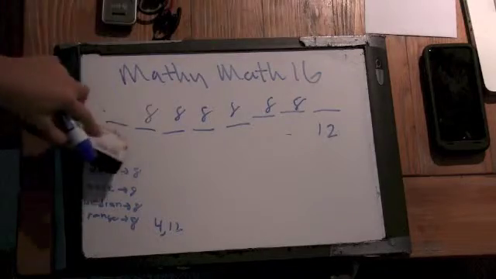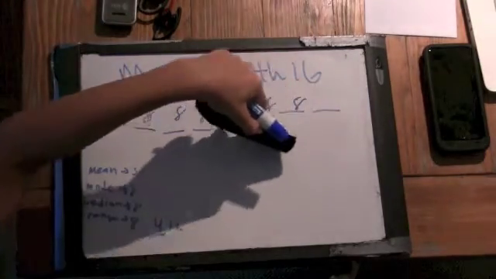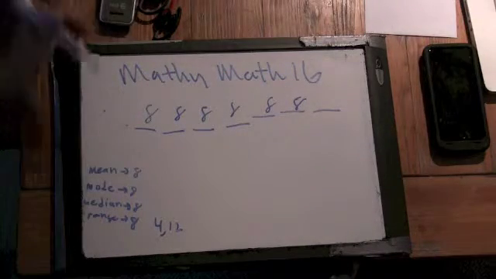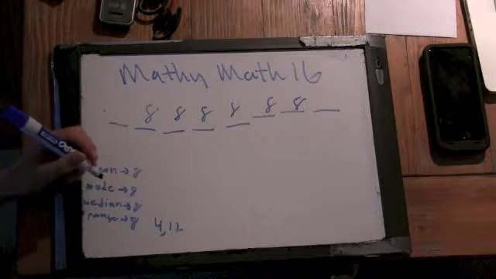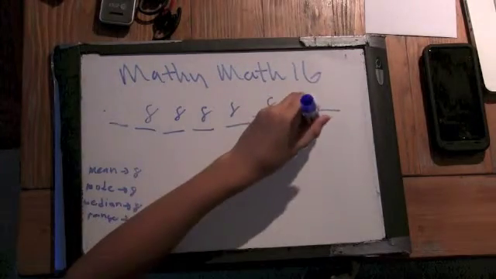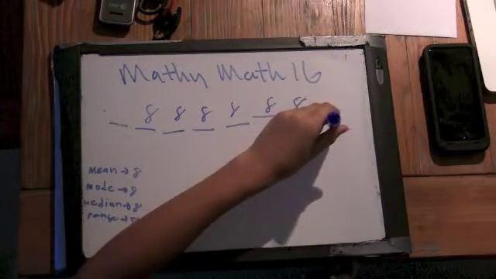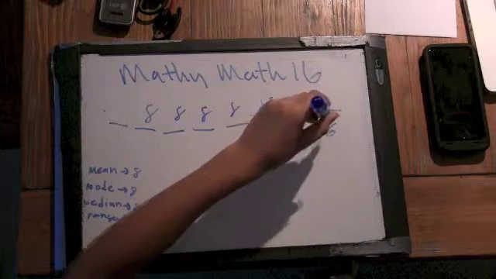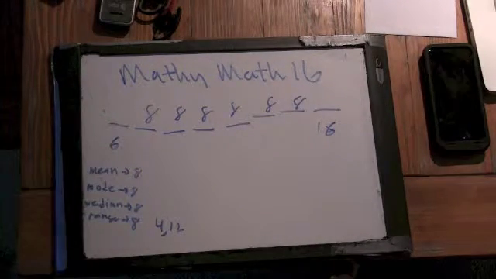Well, 13 and 5 doesn't work. Why not? Because 13 plus 5 is 18. Okay. But you have 16 and 6.